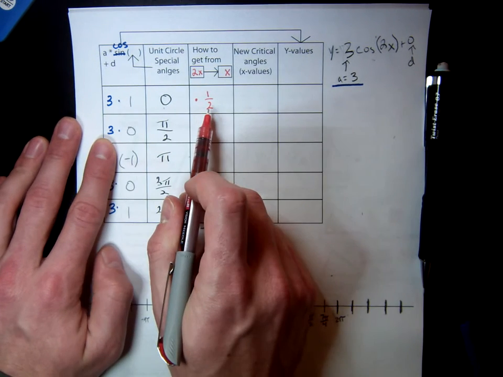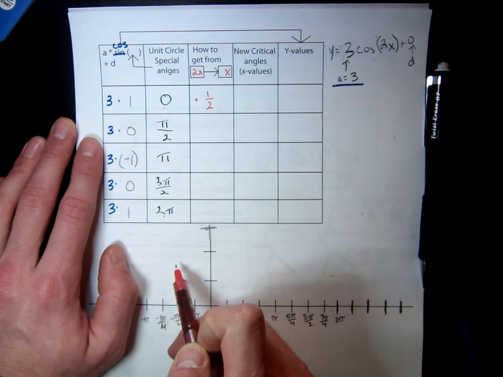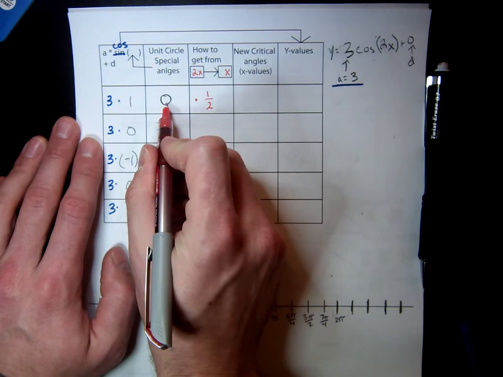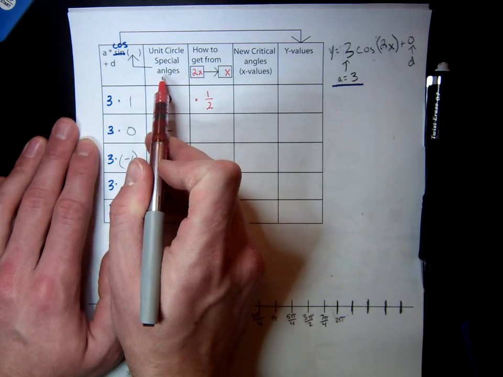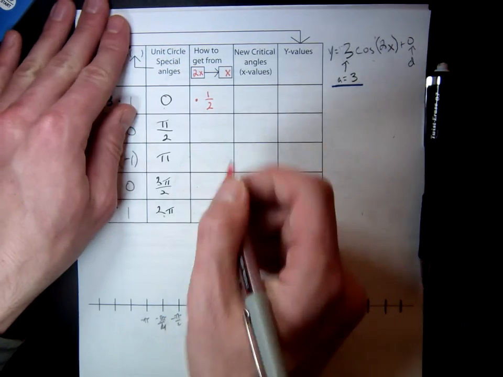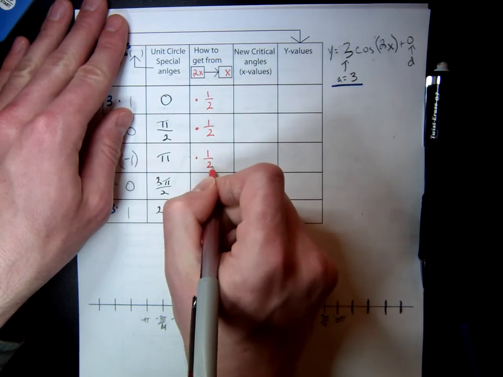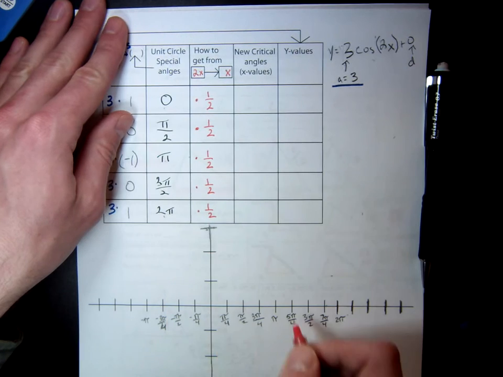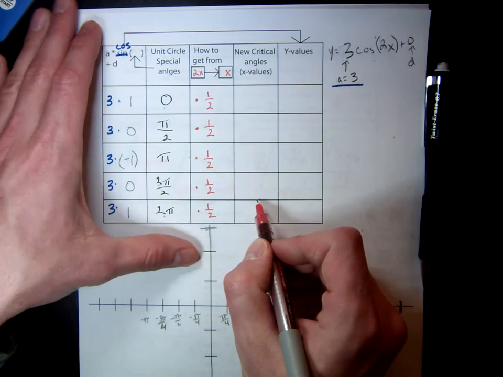I've found, though, that multiplying by 1/2 tends to make a little more sense since we're dealing with fractions here. So 2x times 1/2 would give us x, so we're going to multiply all of our original special angles from the unit circle times 1/2 as well.